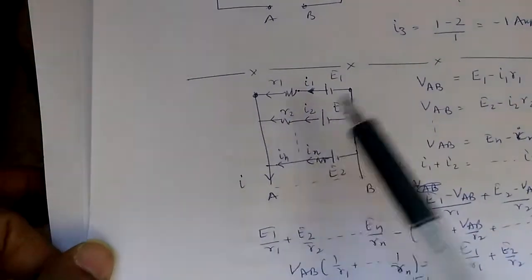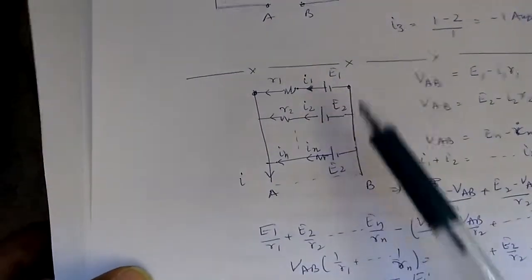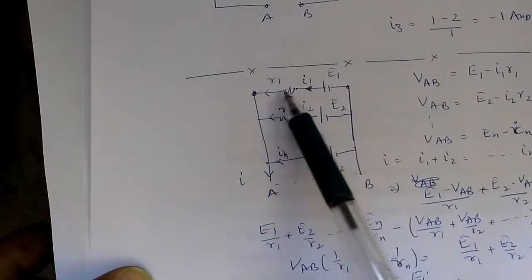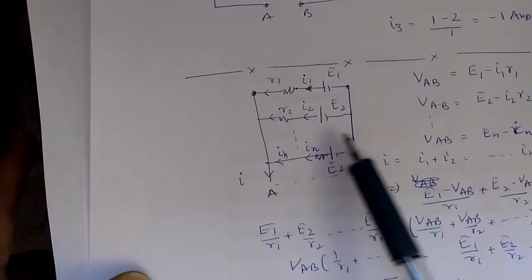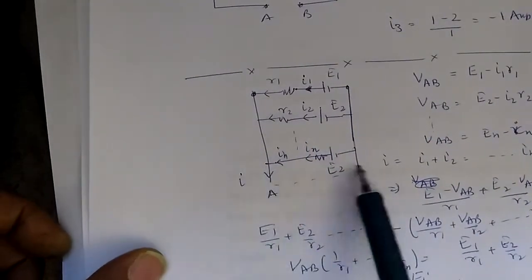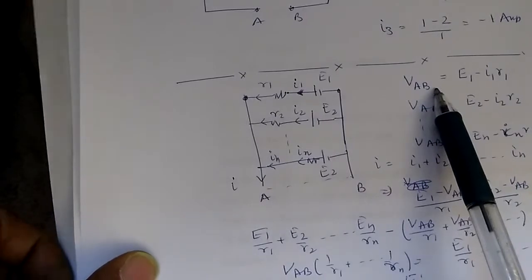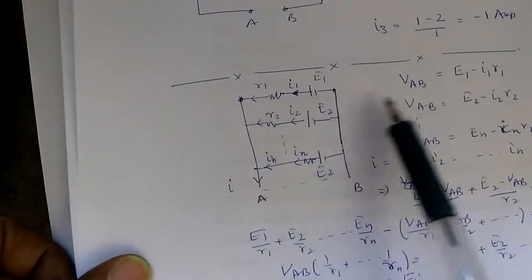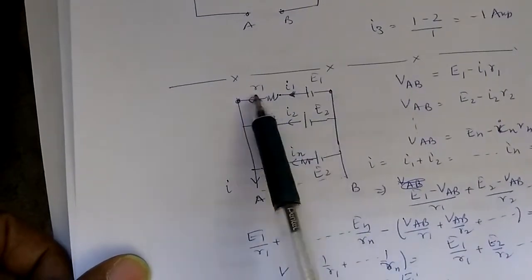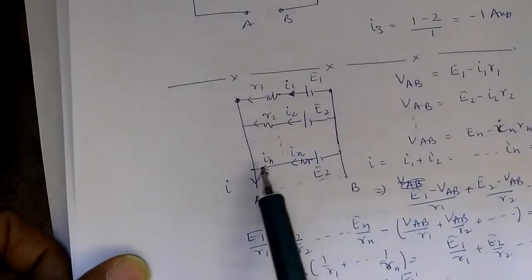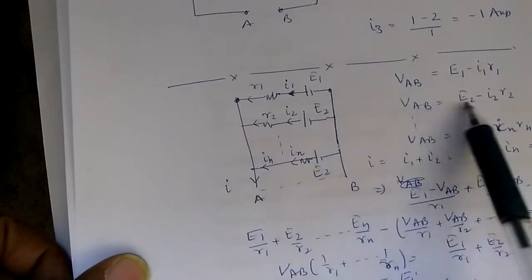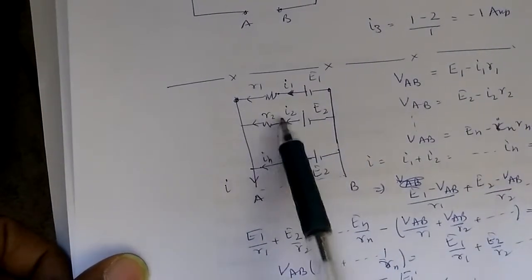And this is what I have: n parallel cells, E1, E2 up to En, and they have internal resistances R1, R2 up to Rn. If we assume that the voltage between points A and B is VAB, then we'll have VAB is equal to E1 minus I1 R1. And similarly, for the second branch, VAB is equal to E2 minus I2 R2.